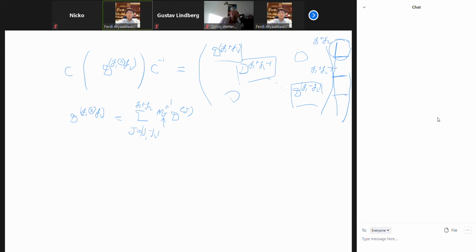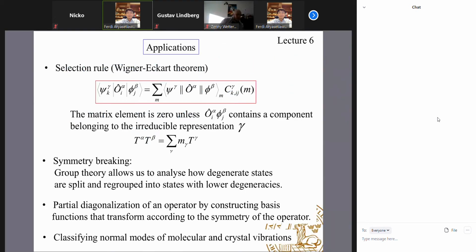And also we can understand this Wigner-Eckart theorem in a simple way. So let me go back. Where is that? So this is the Wigner-Eckart theorem. This can be understood if we recognize that this object, or the state, transforms according to the direct product representation T alpha cross beta.